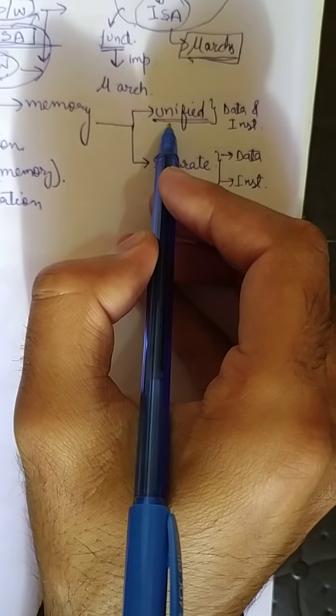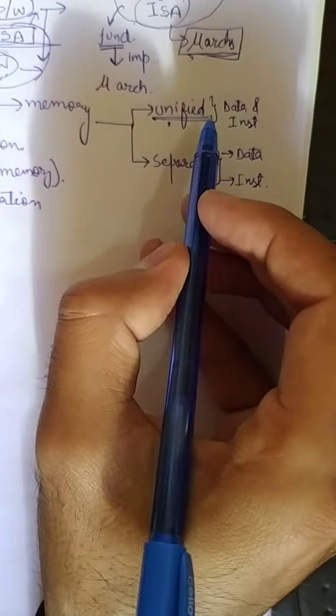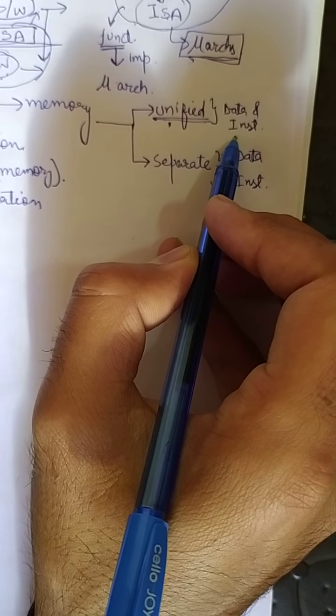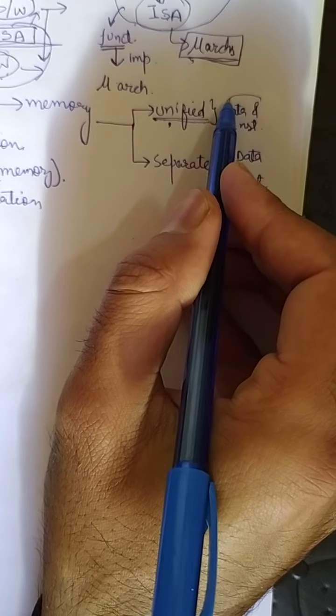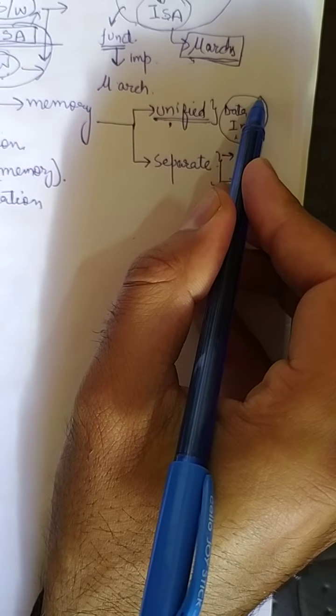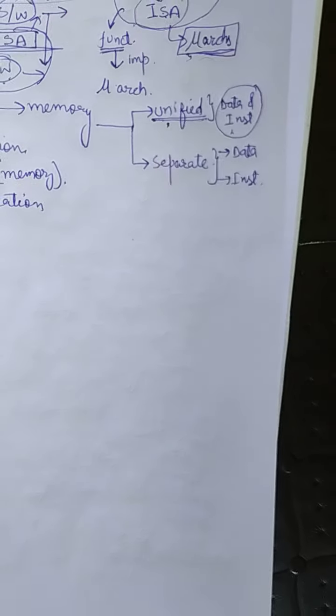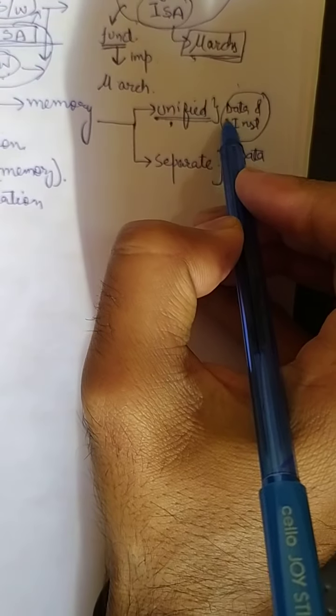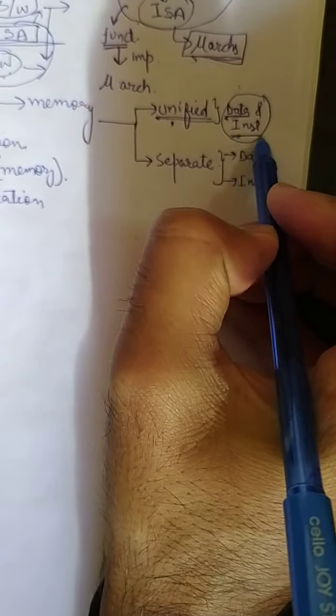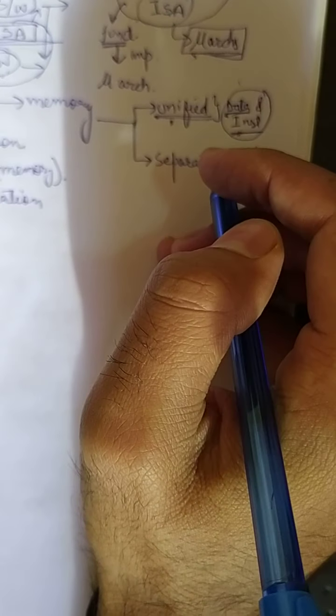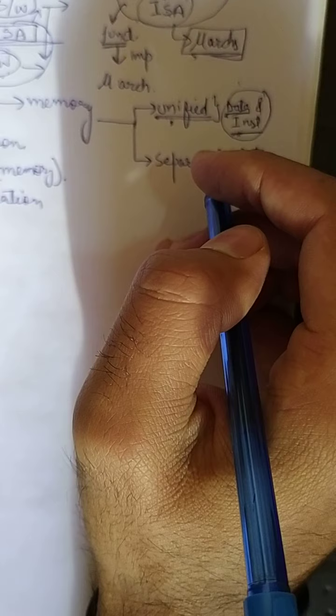So in unified memory, we have a single memory that stores both data and instructions. Since it is storing both, and we know that both data and instructions are binary streams, a memory can only store ones and zeros. So basically, this data and instruction is stored as binary streams in the memory.